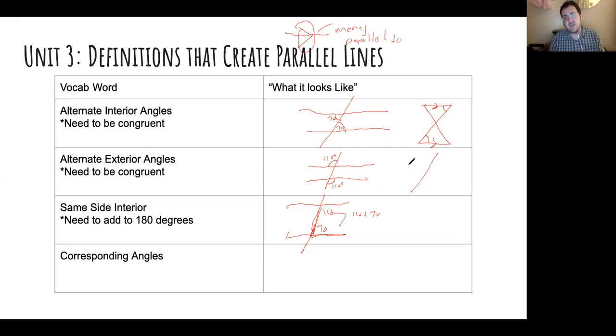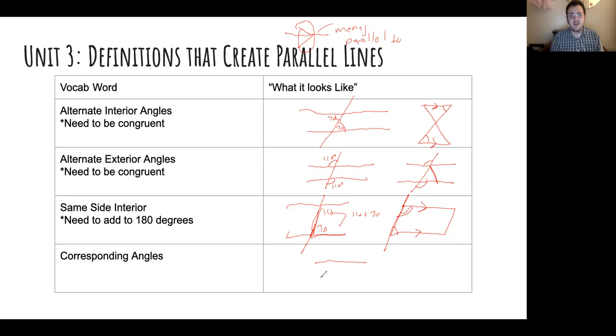Alternate exteriors. You could have situations like that. And then the same side interiors, this is where we could actually get things like that. And maybe my lines are marked parallel.